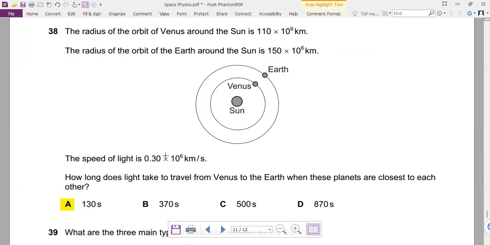Then using the speed, speed is equal to distance over time, and we are asked the time, so time is distance over speed. This answer divided by this should give us 130 seconds.